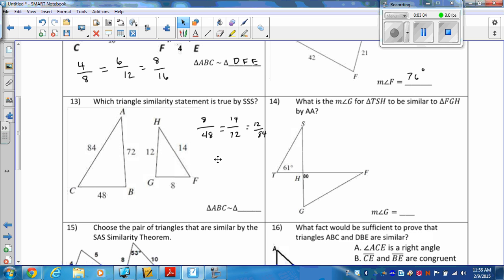So are these proportions true? Well, this one I can think of as reducing to 1/6. So what is 14 times 6? Oh, 14 times 6 is 84.